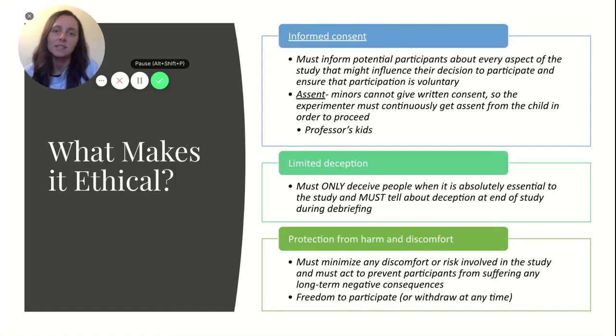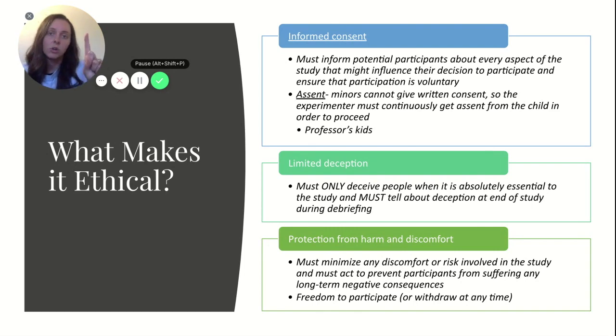Okay, let's get into what makes research ethical or not. So the first thing that you have to have in any sort of experiment or in any sort of research is informed consent. So it's just like what it sounds like. You must inform anyone who is participating about every aspect of the study that might influence their decision to participate, and to ensure that the participation is voluntary.